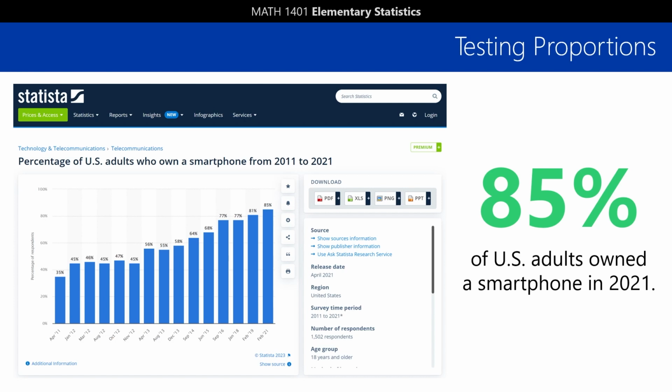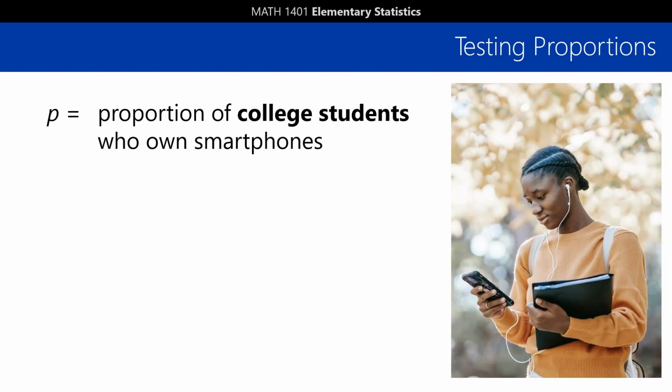So, let's say that you decide to test that claim and see if it applies to your college. That's another common use of hypothesis testing, taking a claim about an overall population and seeing whether the claim is true about a smaller subpopulation. We'll start by defining the parameter we want to investigate, the proportion of college students, at your college that is, who own smartphones.